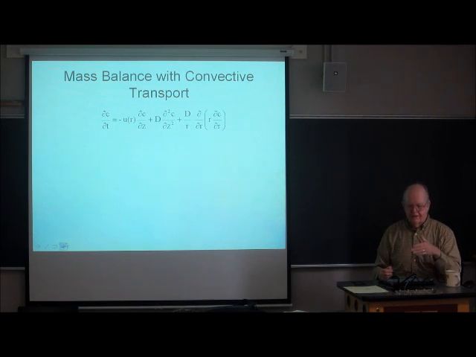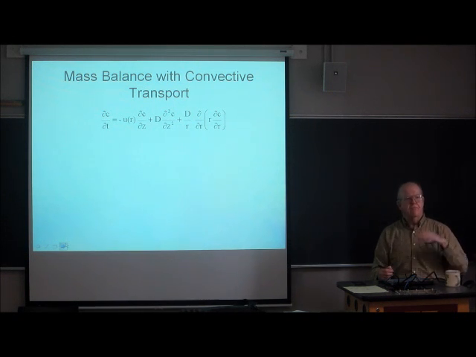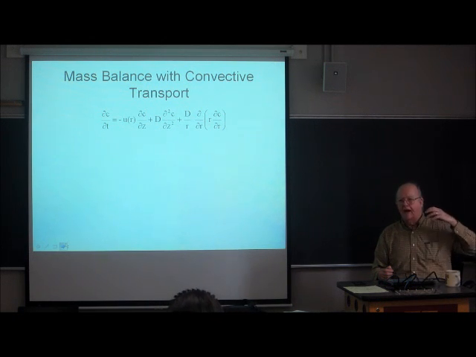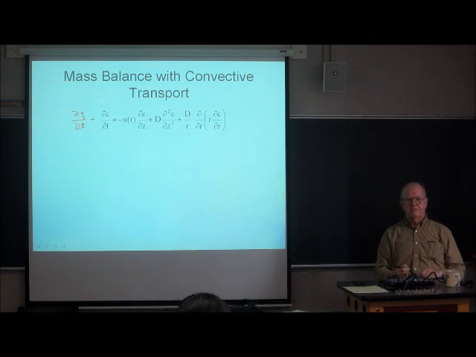So here's the old problem that Aris and Taylor solved the other day for an empty tube. But we don't have an empty tube anymore. We've got a stationary phase, and the solute is in equilibrium between the two phases. So I really have to consider this term.